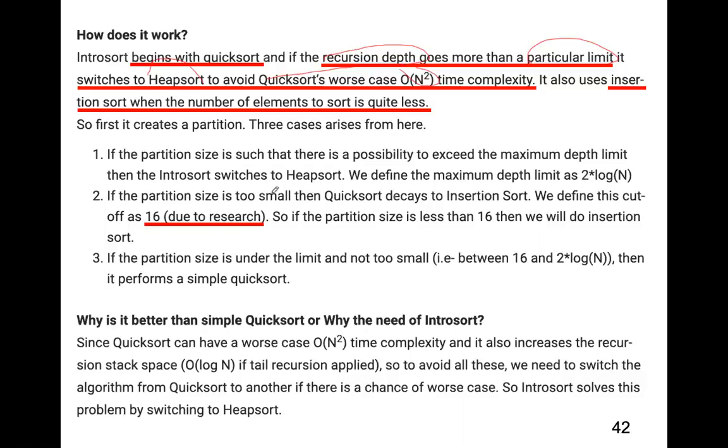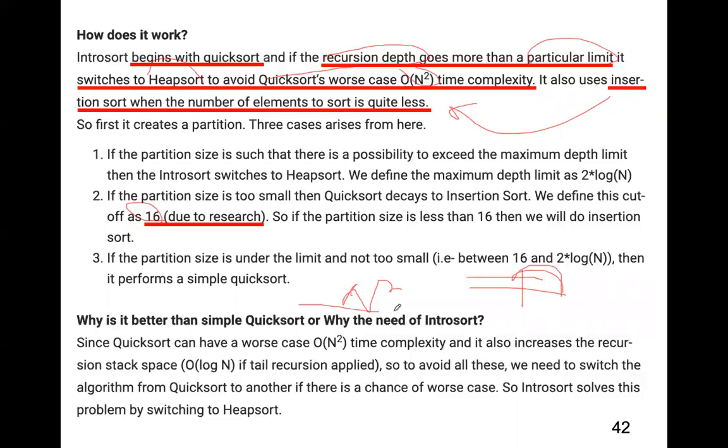And another thing is that if your number of elements is less than 16, then we will just use insertion sort. Because insertion sort is even faster, even though it's n squared, okay? You still want insertion sort because quicksort is doing a lot of back and forth swaps, and those operations are very expensive.